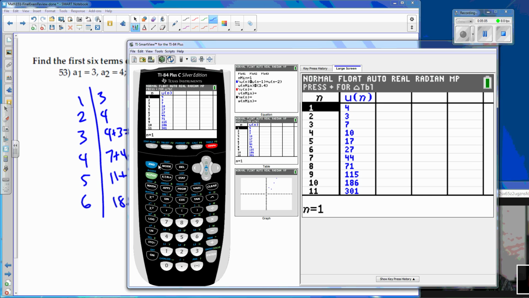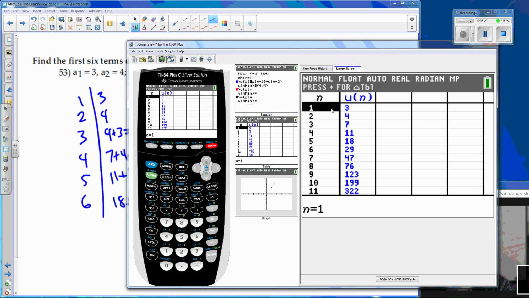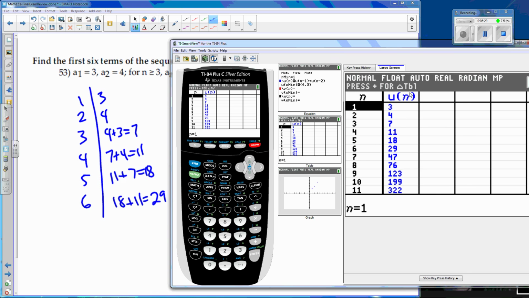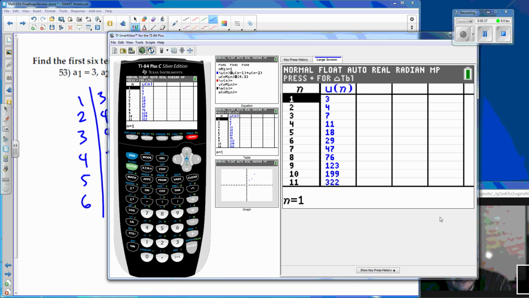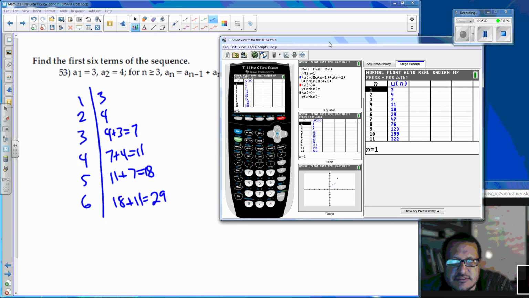It's actually not going to matter in this case, but to make it clear, we're going to do 4, 3. So I guess this is the A2 and then A1. And here we have 3, 4, and if you compare 3, 4, 7, 11, 18, 29. It might actually have been faster just to do it by hand, but just so you know that your calculator can solve a lot of these problems for you.